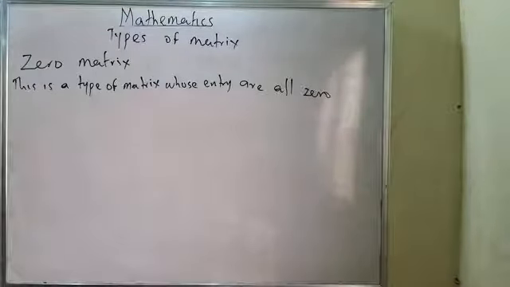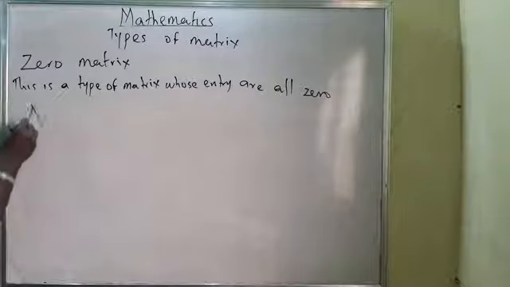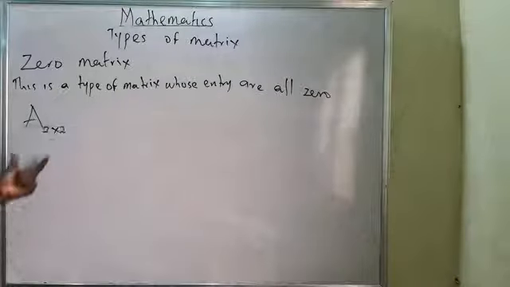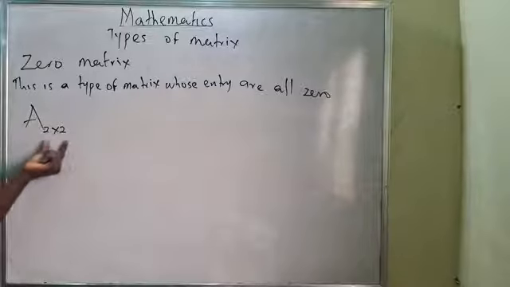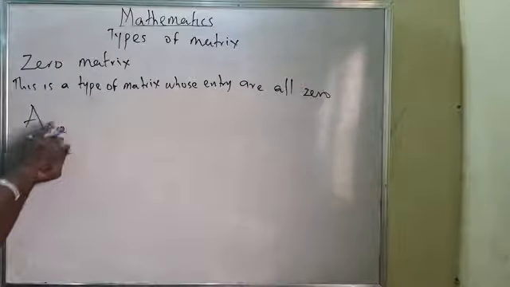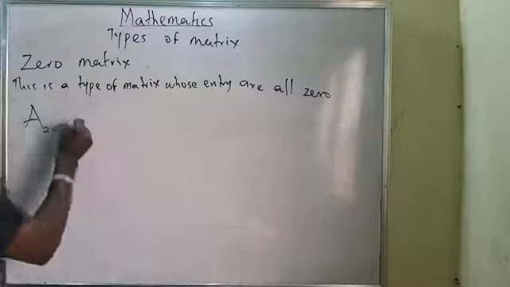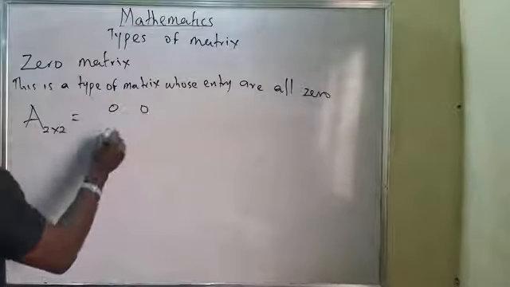For instance, if I have a matrix of 2 by 2, I'm talking about 2 by 2. It means, take note of that, the square matrix, which is going to be 2 by 2. It means the row equals the column, which is 0, 0, 0, 0.